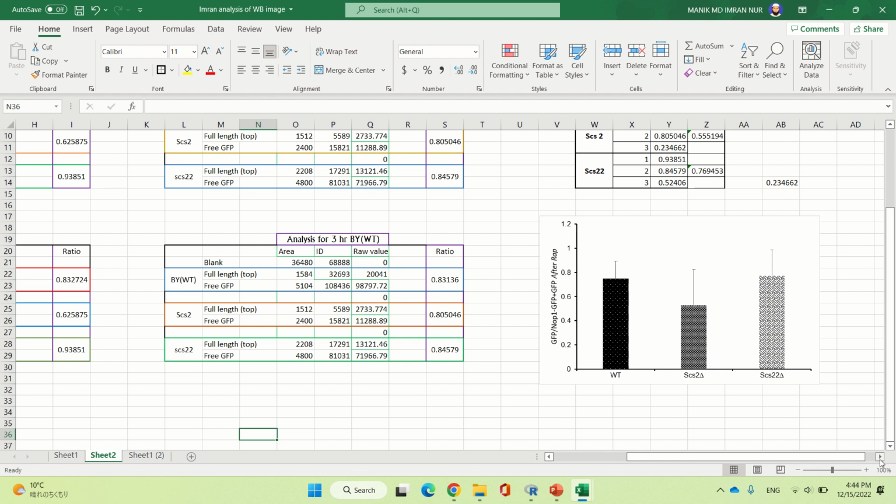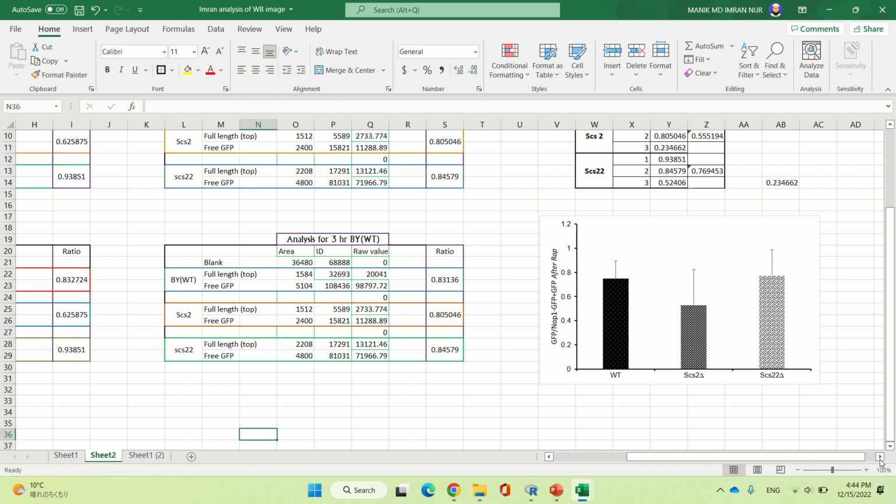If you got significance in the ANOVA, you have to do the multiple comparison. If it is significant, then I have to do multiple comparison.